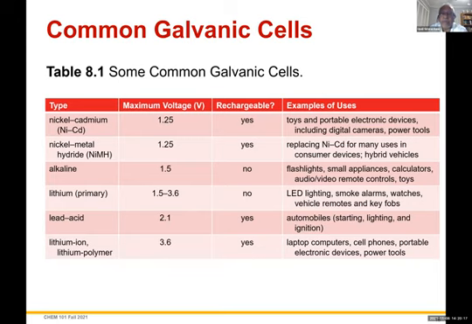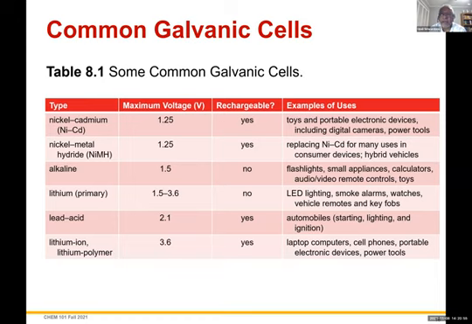These are rechargeable batteries we use in toys, portable electronic devices, digital cameras, power tools. Any rechargeable battery that I use in my night lamp could be recharged. This specific nickel cadmium battery has nickel oxide and cadmium. Specific to nickel and cadmium, voltage is 1.25.